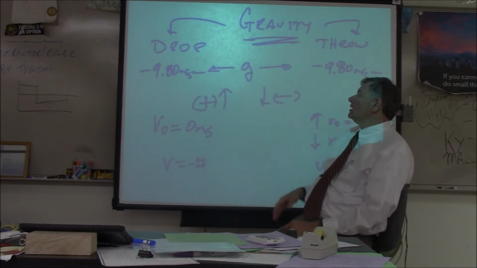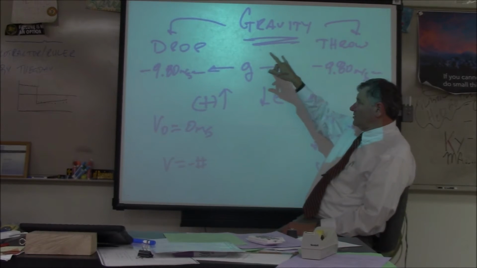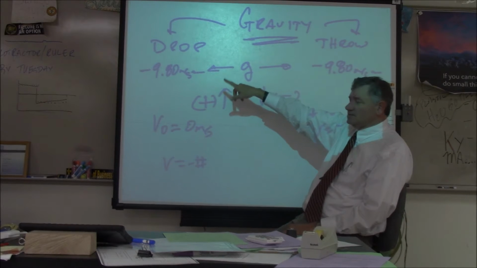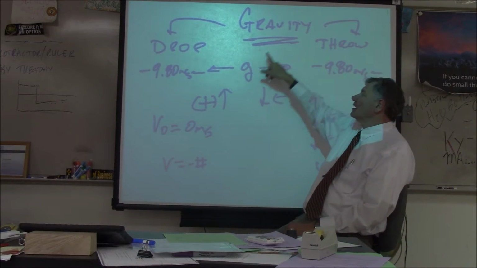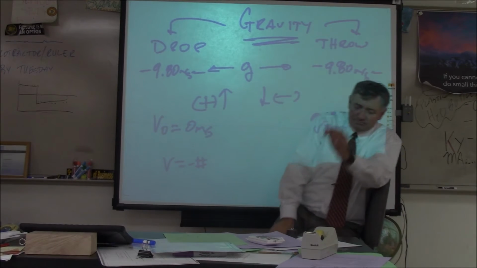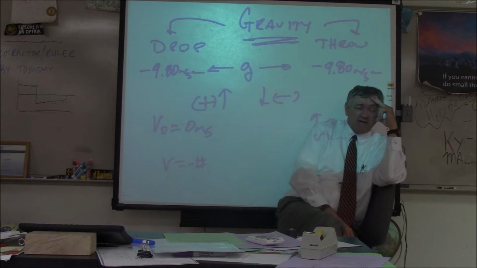Okay? Now, for what's going to happen on both of these, your gravitational acceleration is negative 9.80 meters per second squared. Now, amongst the long list of things that annoy me, do not say, oh, gravity is negative 9.8.